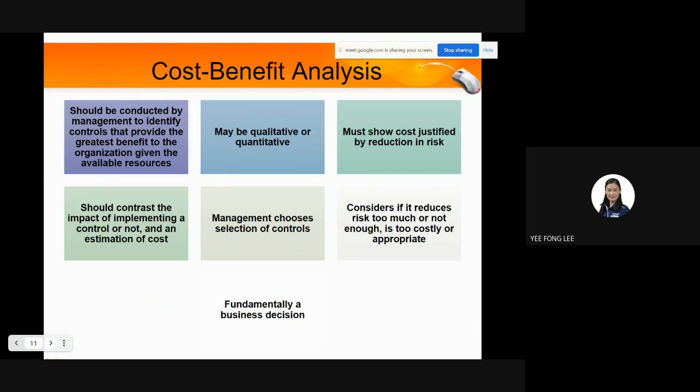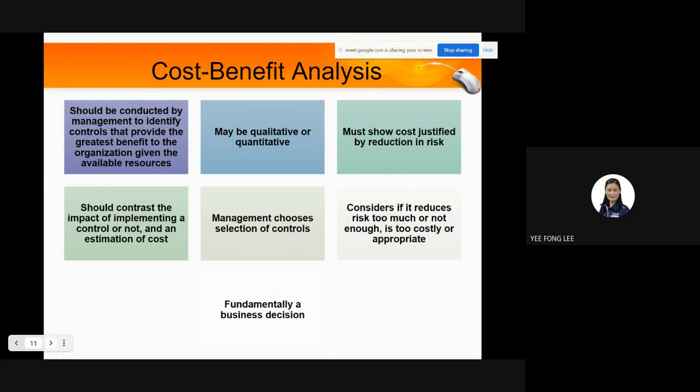All these analyses are important to determine whether the control can successfully overcome the type of threat or not. After that, management might need to determine which selection of control is acceptable based on the risk facing the organization's system.